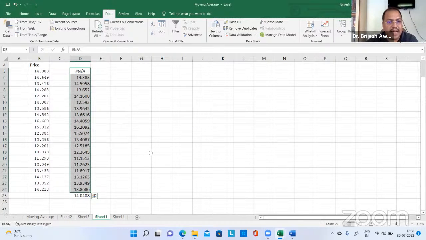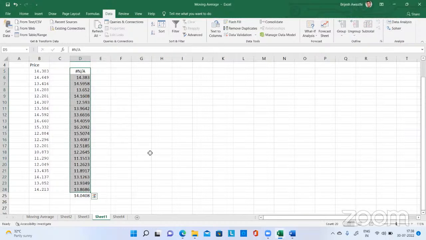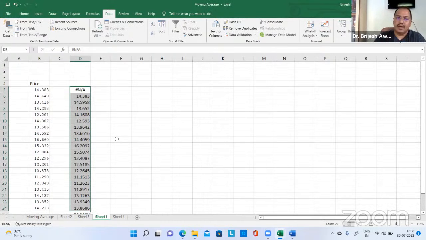Right? Yes, sir. But what exactly is happening? There are two values. One is alpha, which is the smoothing factor.